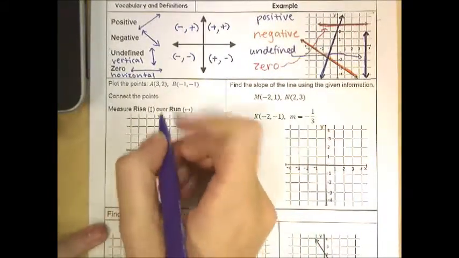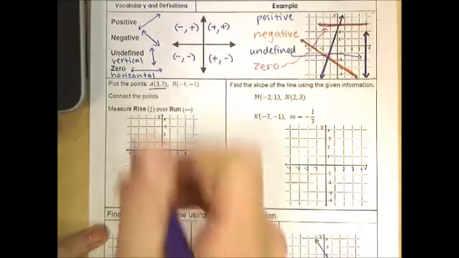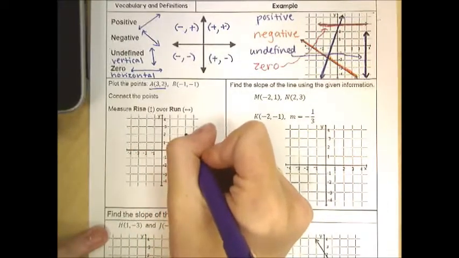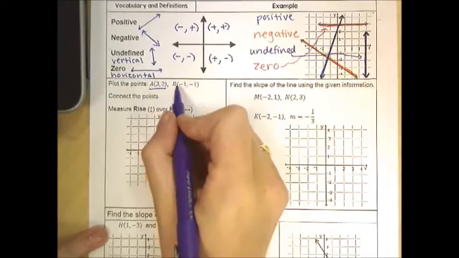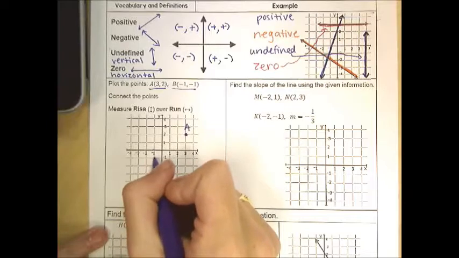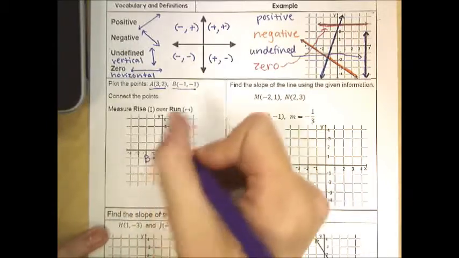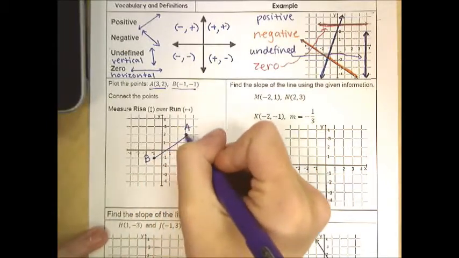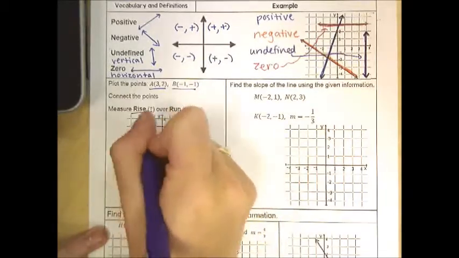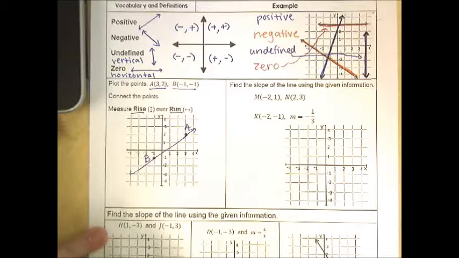All right. Just a little bit more quick review on what slope is. If we look at this first example, let's plot the points. So point A, I move over to the right 3 and up 2. And then point B here, I'm going to move to the left -1 and down -1. And then I can connect these points to find the line that goes through them. To find my slope, I measure the rise over the run.